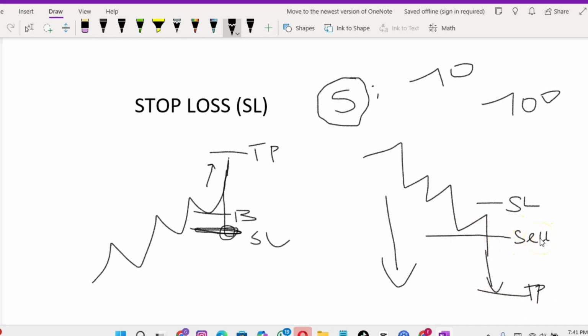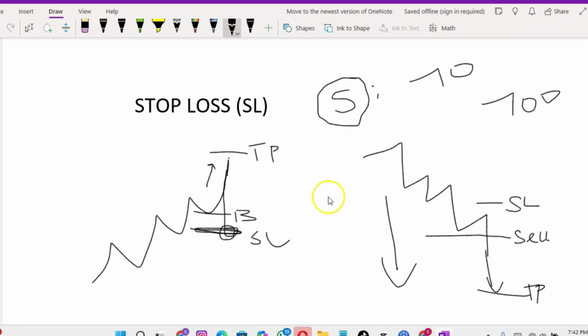So stop loss is very important. Before you place a trade, the first thing you need to do is to calculate your risk capital. That risk capital will help you to know the amount of money that you are going to lose in case the market goes against your direction.